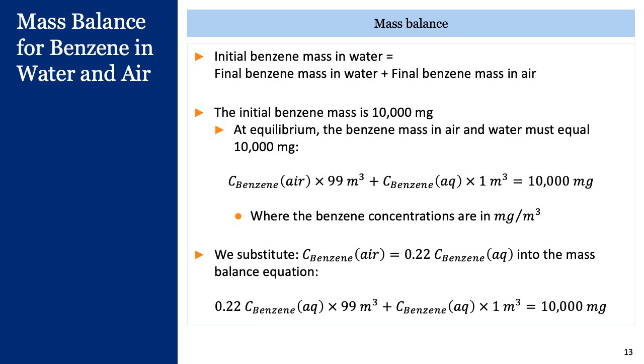We know the Henry's law constant for benzene in air and water is 0.22. So C benzene in air is equal to 0.22 times C benzene in the aqueous solution.